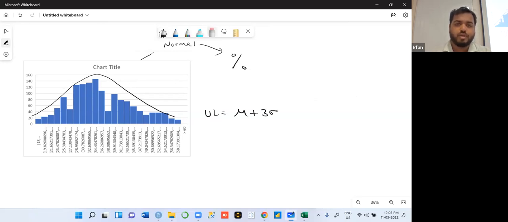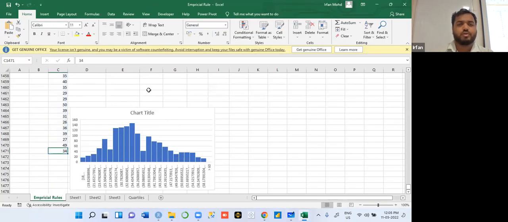Okay. And what is the lower limit formula? To solve this, what we required, guys? We required mu and we required sigma. I'll give you a number. You will solve for me.